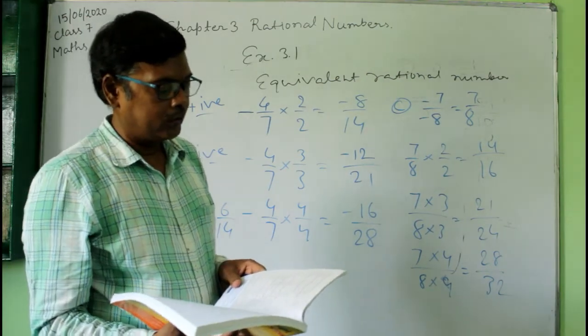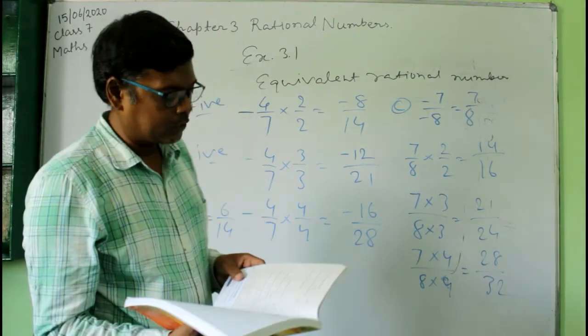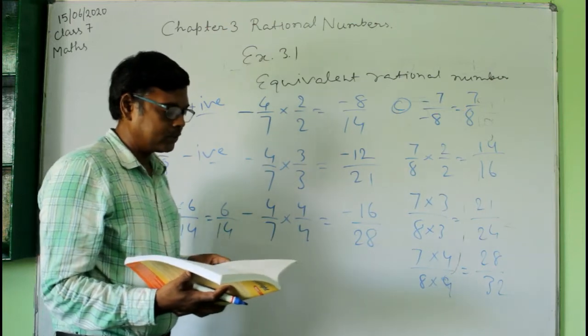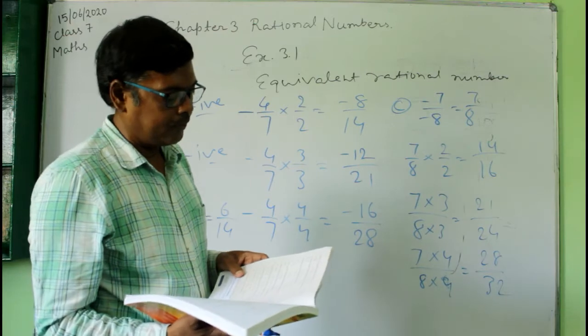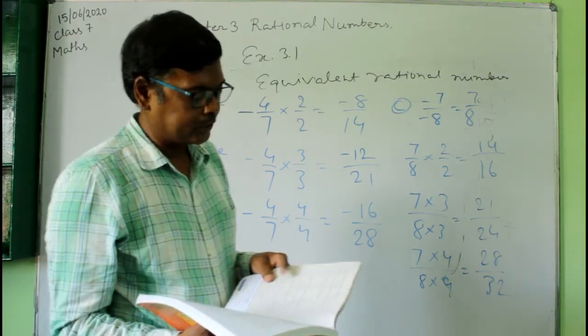You have to express the given rational numbers on the number line. Draw a number line and mark the following rational numbers on it. First question is 0 by 3.